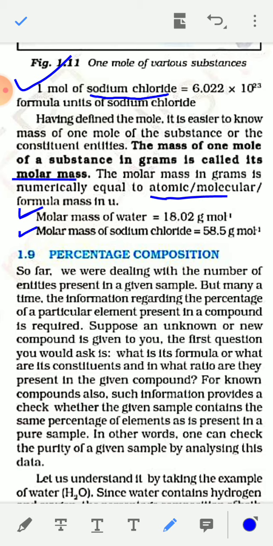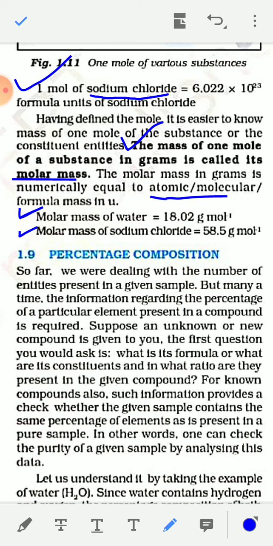Okay, and the mass of 1 mole of a substance in grams is called molar mass. If the mass of 1 mole of a substance is expressed in grams, then it is known as the molar mass of the substance. For example, the molecular weight of water is 18 amu.